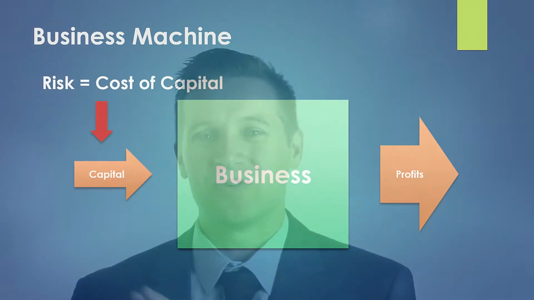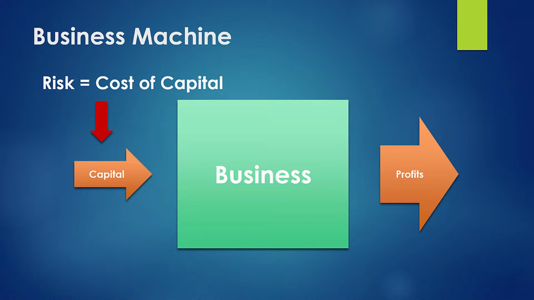So that's the cost of your cash. And this is important to realize because that cost was calculated based on the riskiness of your business. So the cost of cash is based on your cost of capital, and your cost of capital is based on your risk.